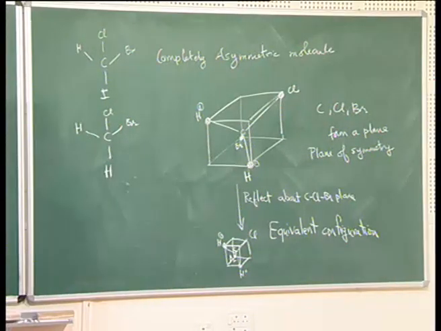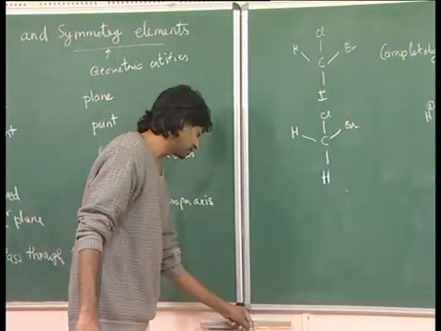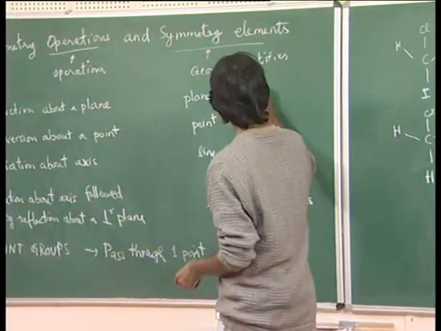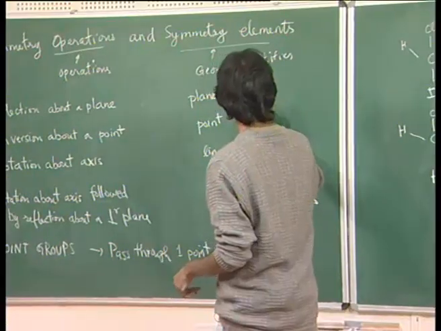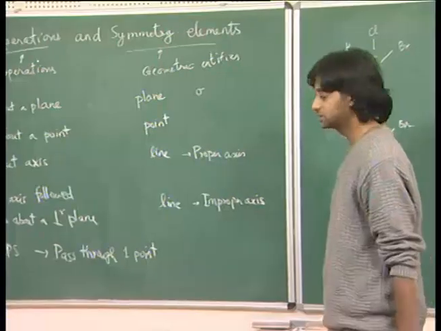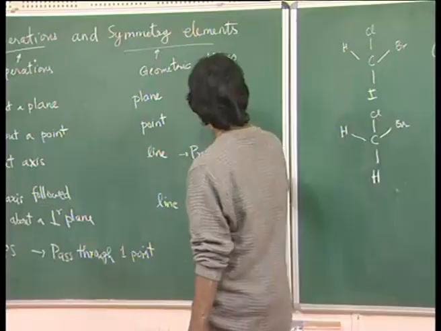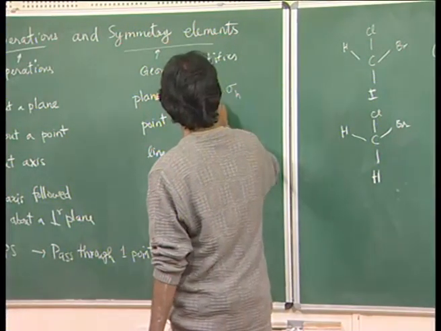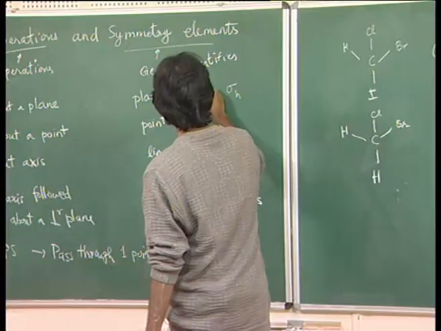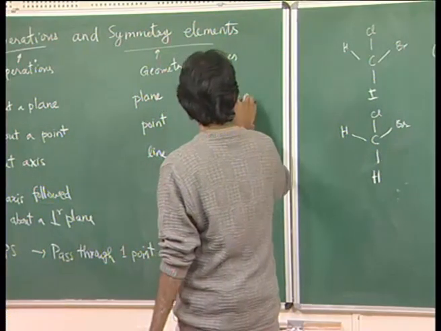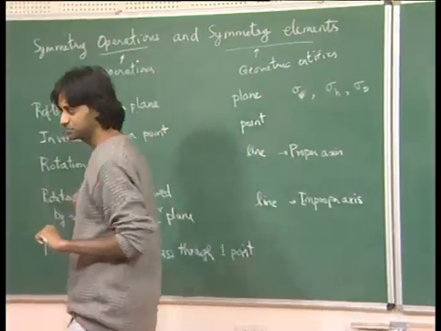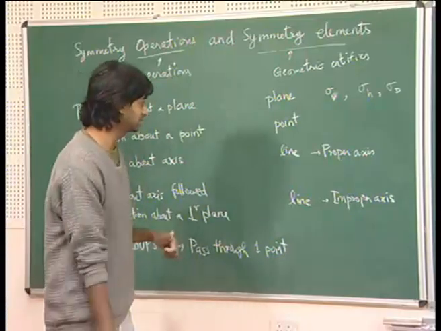Now there is a standard notation that is used for the planes. You use sigma for the plane, and there are kinds of planes: sigma v, sigma h, and sigma d. The definitions of these will become clear when we talk about various molecules.